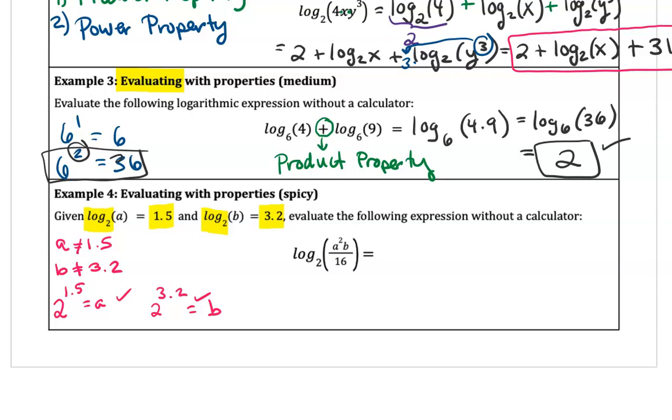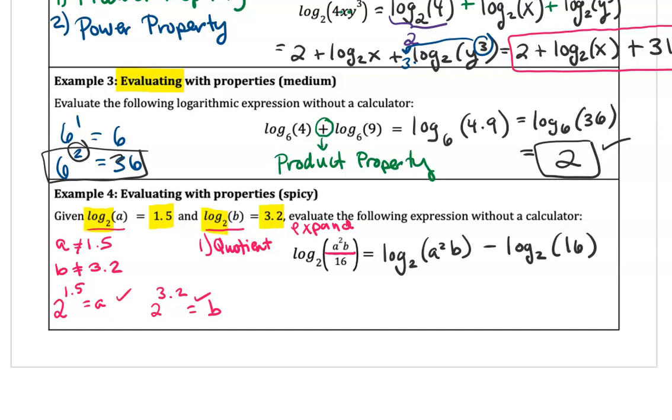Instead, what I will do is use the properties to expand this log to be able to get expressions that just have the log of A and the log of B. I'll start in this one with the quotient property. And I'm going to write the log base 2 of a squared b over 16 as a quotient: the log of the numerator minus the log of the denominator.